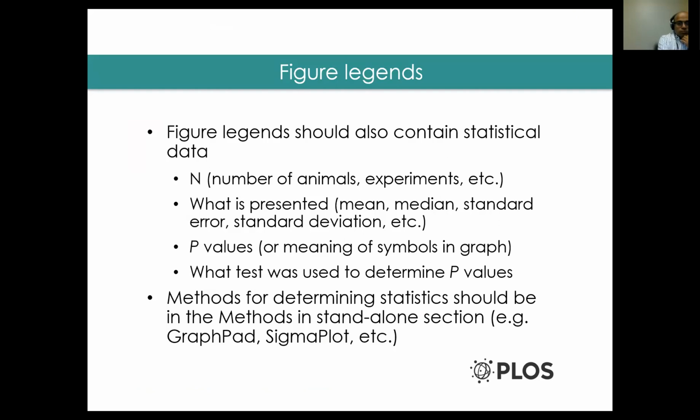Journals really emphasize the use of statistics when you publish a paper, and that you use the appropriate statistical test. So it's really important to provide those data. And then the methods for determining statistics should always be in the methods in a standalone section. So GraphPad, SigmaPlot, whatever you use for your statistical methods.